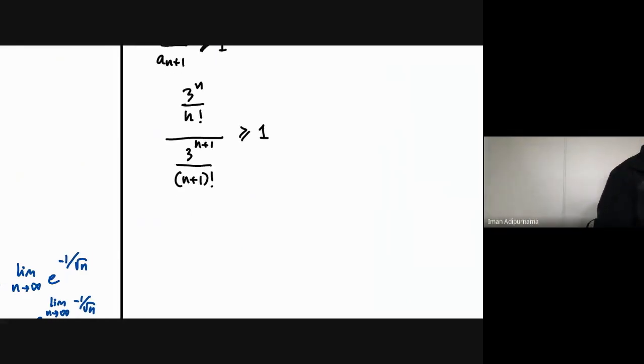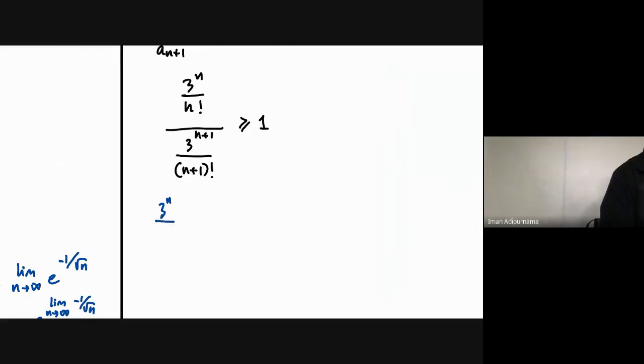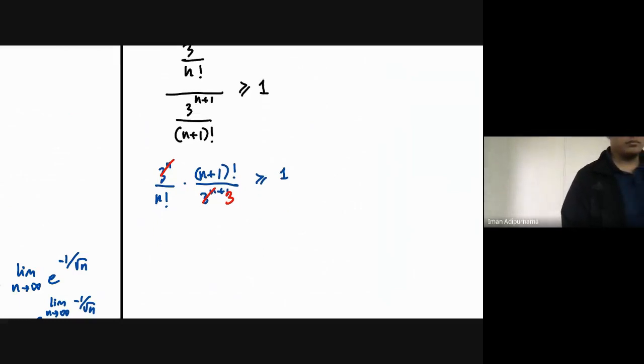And now we can try to simplify. We can cancel this, and it will be 3, right? And we can cancel this, and it will be n factorial.